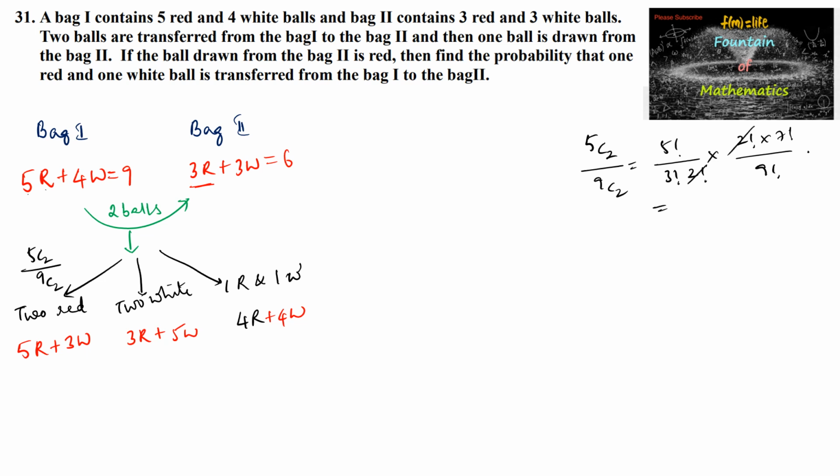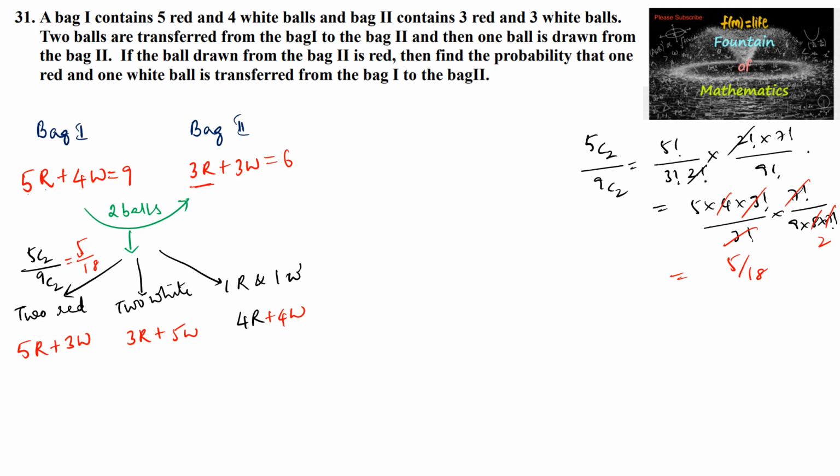So we can write here 5 into 4 into 3 factorial divided by 3 factorial into 2, into 7 factorial divided by 9 into 8 into 7 factorial. So we can cancel 7 factorial, 7 factorial, and 3 factorial, 3 factorial get cancelled, and 4 ones are 4, 2 times get cancelled, so 5 by 18. So here we can say 5C2 by 9C2 is 5 by 18.